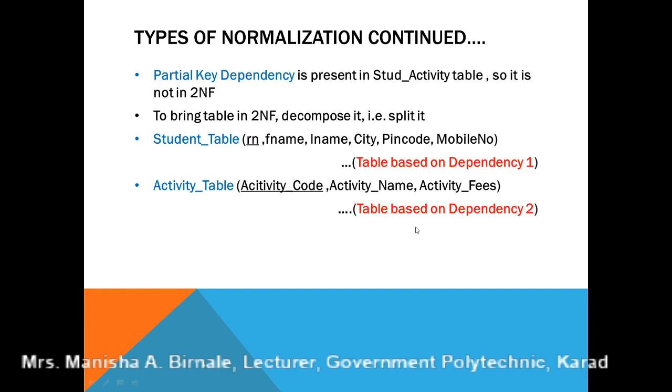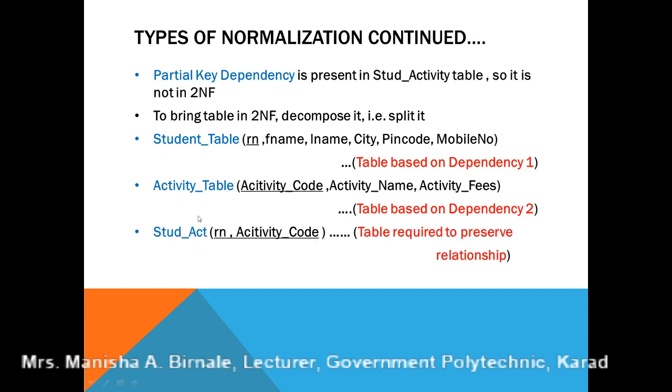Now see whether only 2 tables are sufficient for preserving this information. Here the information of which student is participating in a particular activity is not preserved. Information of every student is present here in the student table. Information of every activity is present here. But what about enrollment of students in a particular activity? Which activities a student is participating in, this information is not preserved.